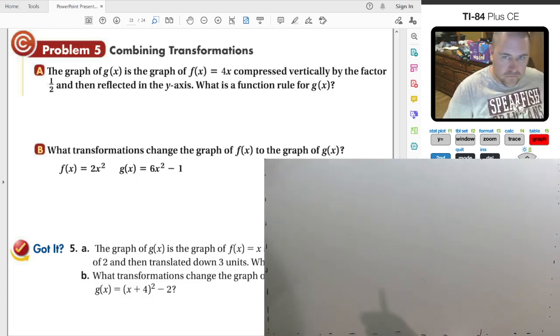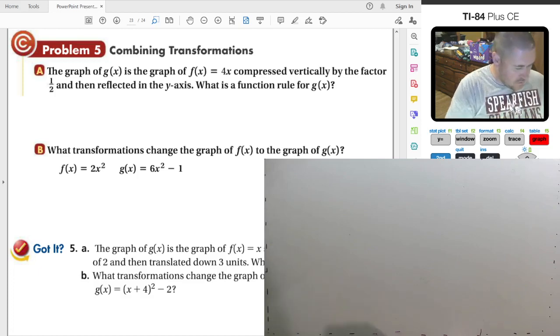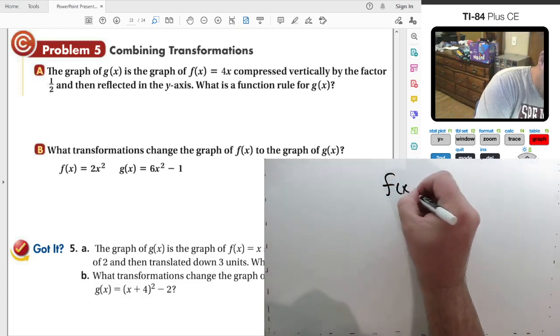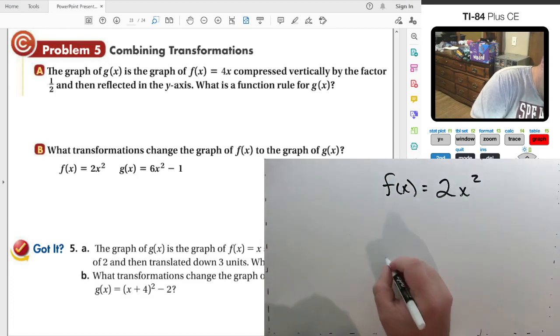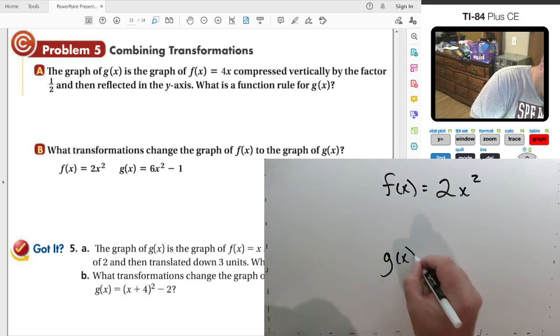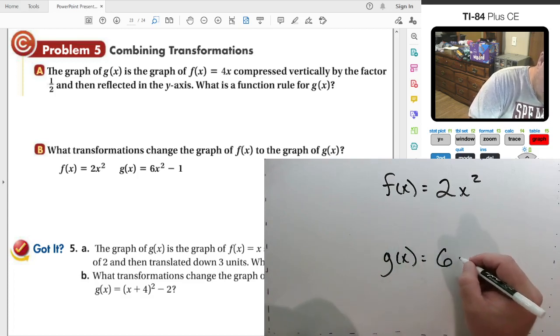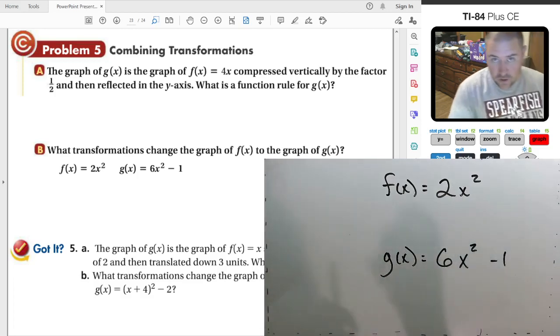Okay, take it a step further. Part B. How do I go from f of x to g of x? So what was done? If f of x starts here, and g of x ends up here, what did we do?